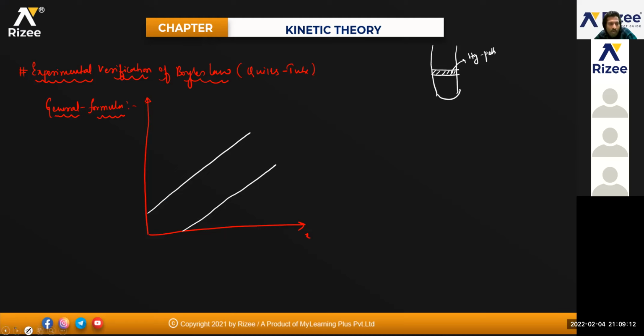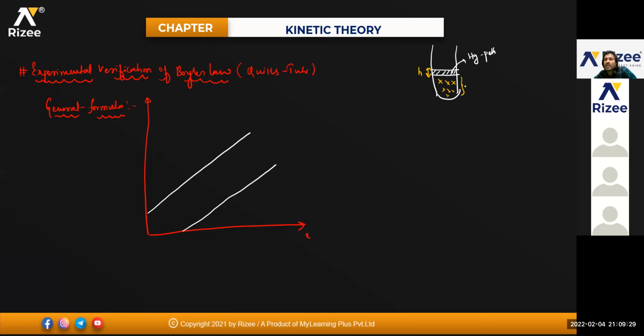So a certain amount of gas is trapped in this tube, covered by a mercury lead of height, say, h, and the length of the gas column is L.